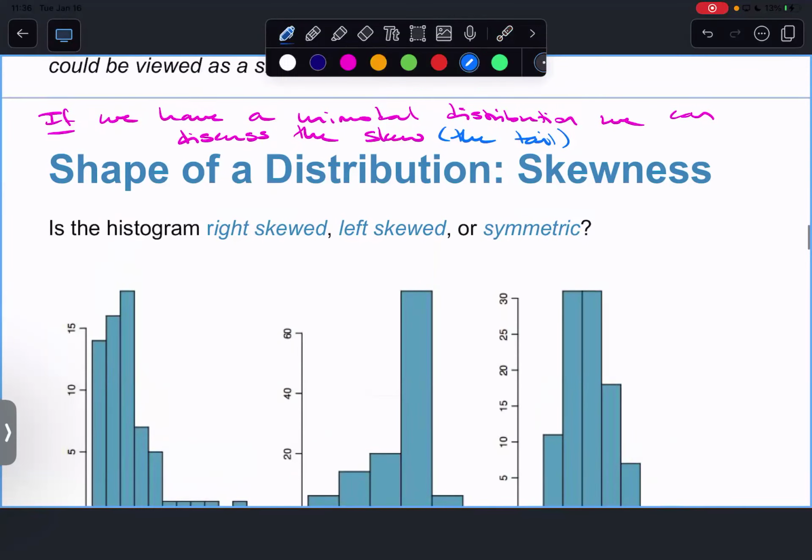Okay? It's always skewed in the direction of the tail.